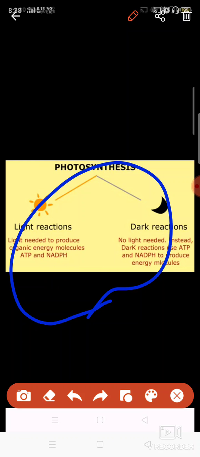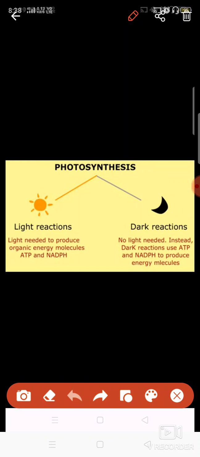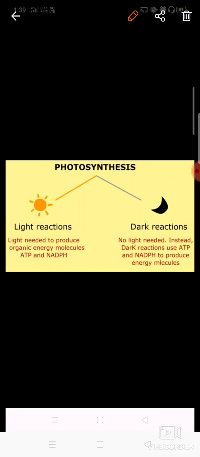So this is the basic difference between light and dark reaction. In light reaction, the thylakoids which contain chlorophyll get activated and form energy-giving molecules. In dark reaction, no light is required, only the chemicals are used to fix the carbon dioxide of the atmosphere, and it is carried out in the stroma part of the chloroplast.